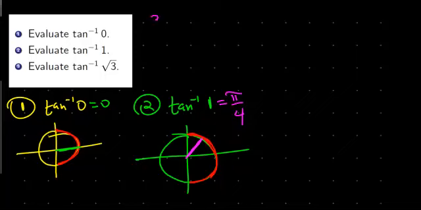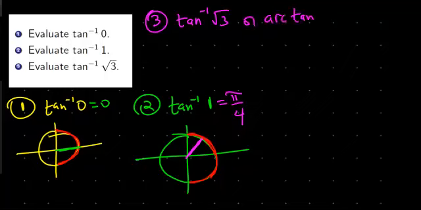Number 3 is going to be inverse tangent of root 3. Again, I'm going to say, or the arctan, arctan of root 3. I really like this notation here because it says give me the arc where the tangent is root 3, or give me the arc where the slope of the radii is root 3.